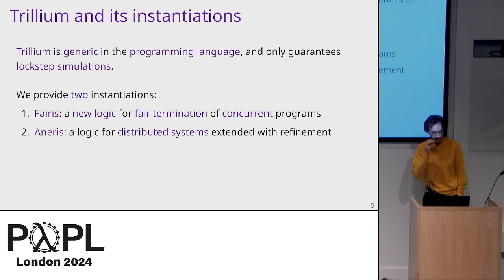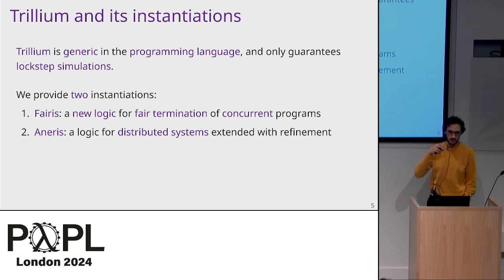So far I've been a bit imprecise when I was talking about Trillium. As is usual in the Iris body of work, Trillium is not itself a program logic, but more of a program logic framework, which is parametric in the programming language. And to use it, you have to instantiate it with a concrete programming language, with a syntax and the operational semantics, like we've seen just before.